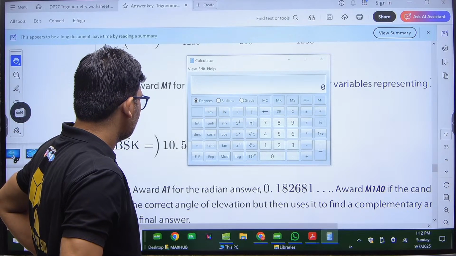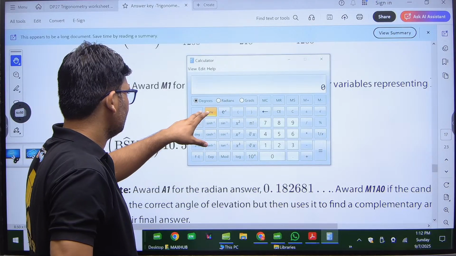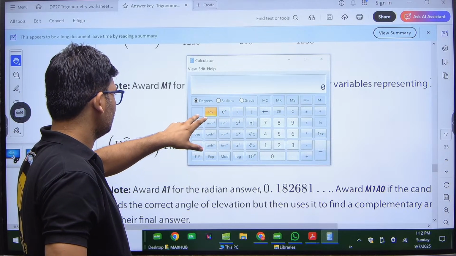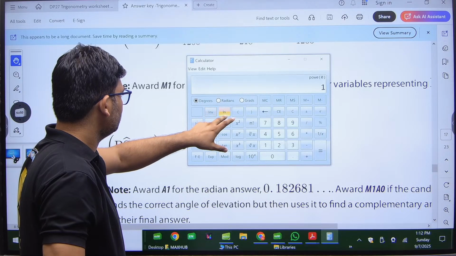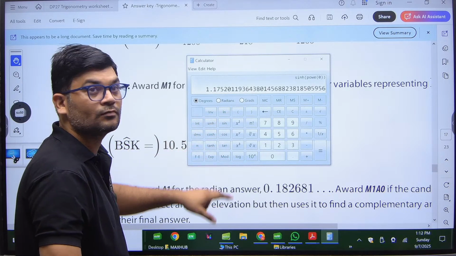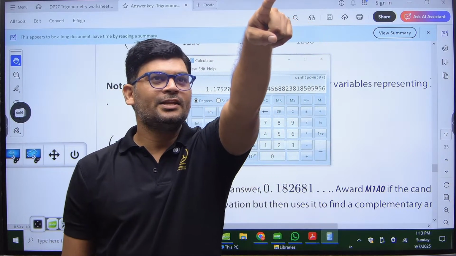Just go to Google and search calculator. I use this. Sine. This is inverse. Can you see sine inverse there?